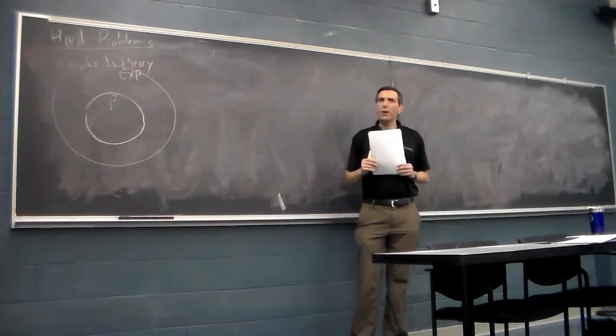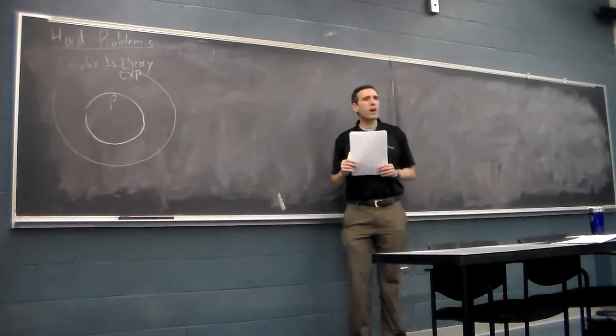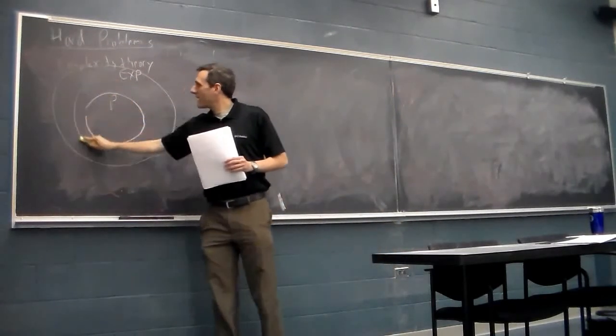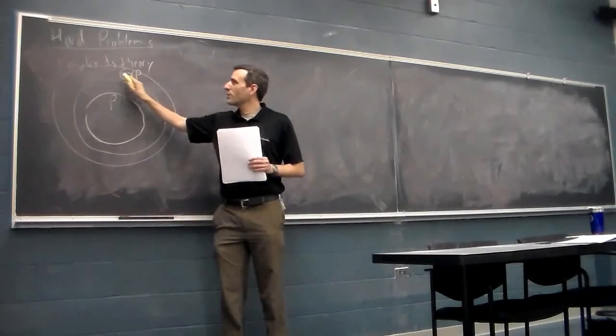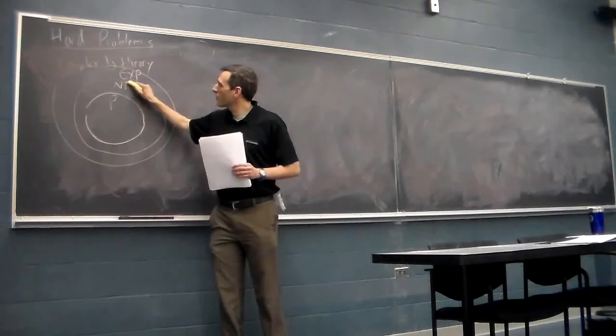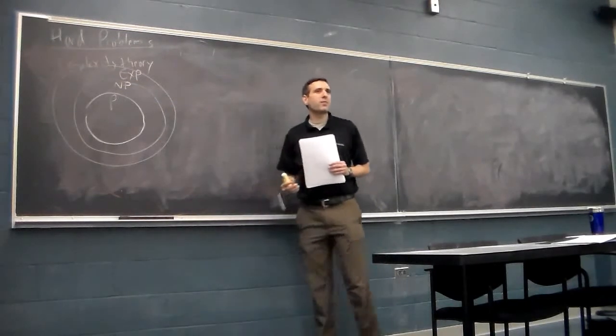For the most part, though, when we're talking about intractable problems, we're specifically interested in a class of problems that is kind of in between the ones we know to be hard and the ones we know not to be hard, and those are commonly referred to as the NP problems.